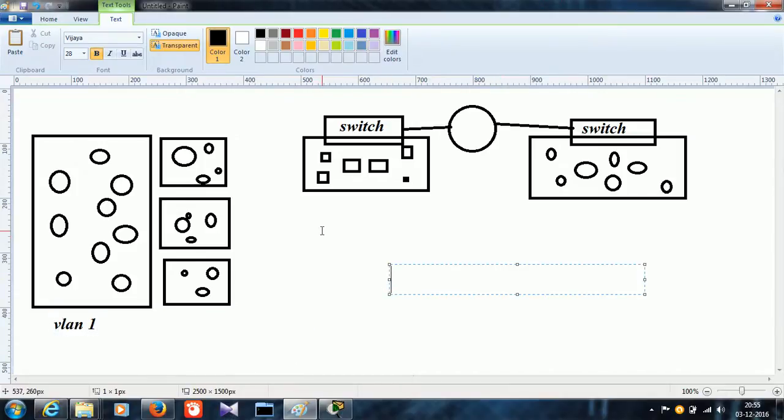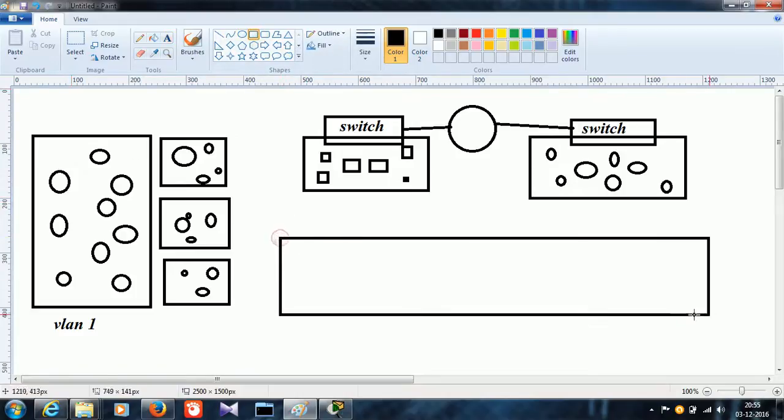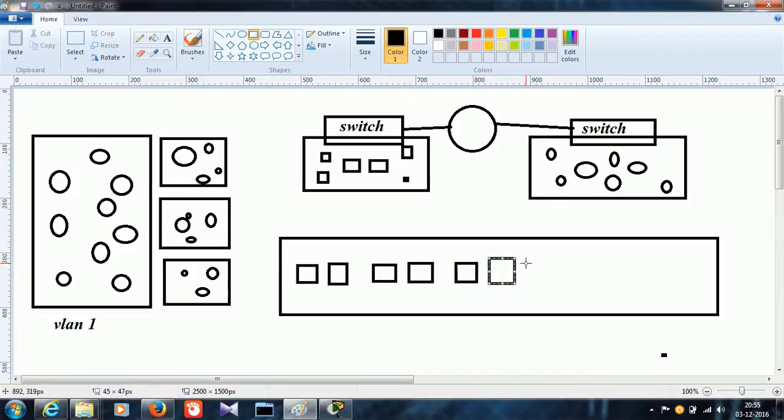So instead of students here, let's consider these are the different ports which I have in the switch. For a better example, I will draw it here. If this is my switch, I have so many ports sitting here: 1 2 3 4 5 6 7 8. Let's take that 8 ports are there in this switch.